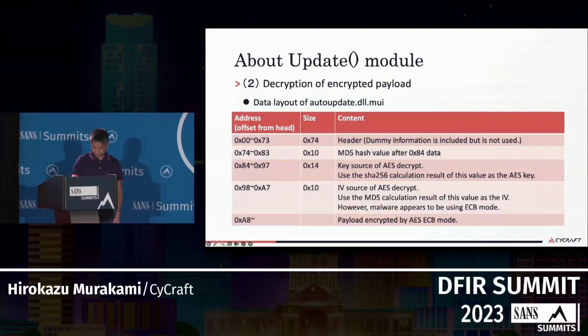This shows the layout of the encrypted update DLL.mei file. This layout is important for creating detection rules. For example, header parameters are used by malware. Attackers can set any data.